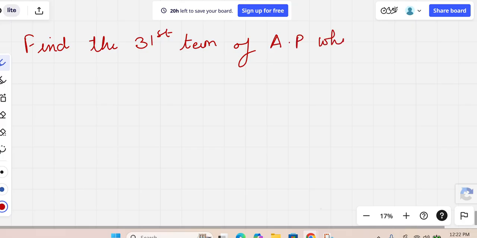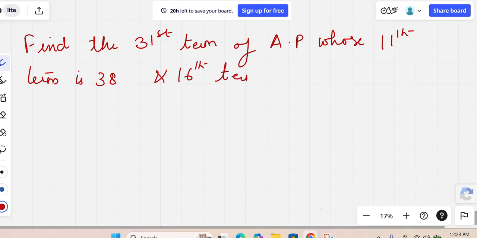Find the 31st term of the AP whose 11th term is 38 and 16th term is 73. Do this fast. Fast, fast.